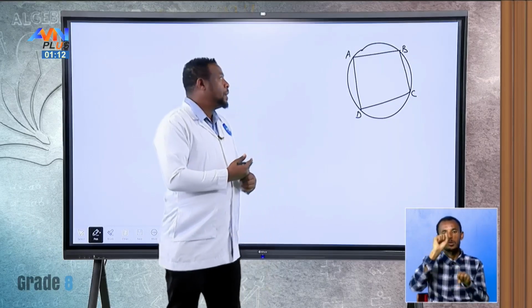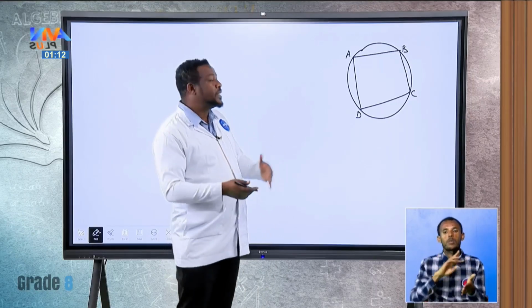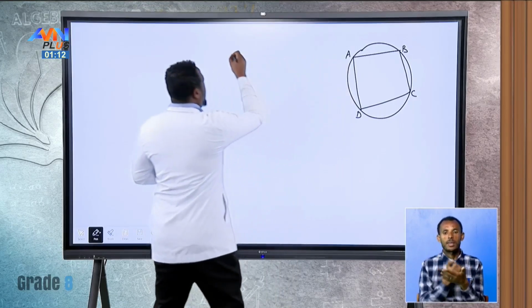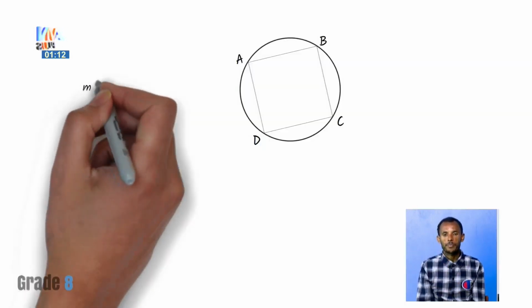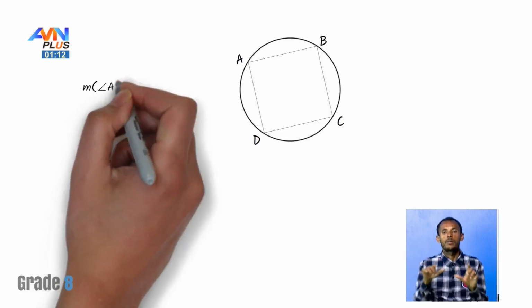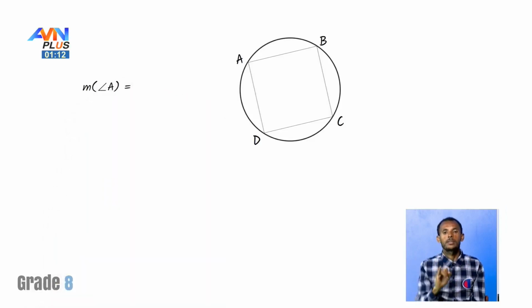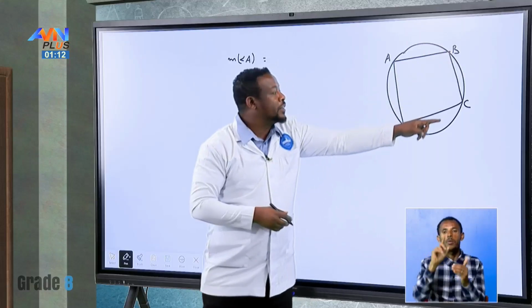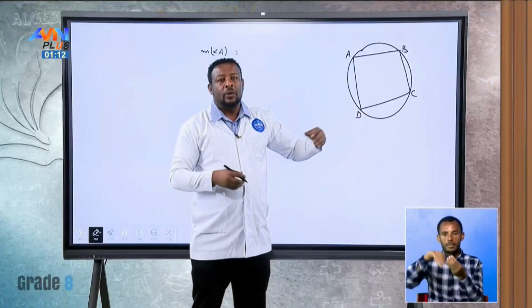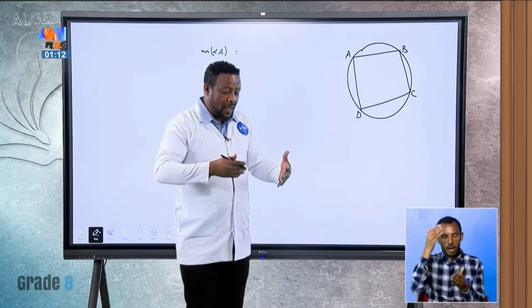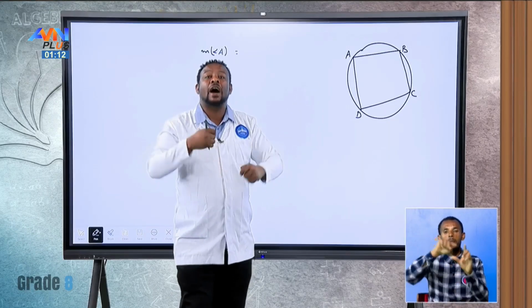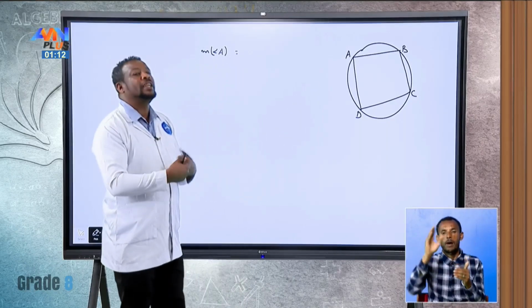So the procedure that we use to prove this is we take angle A. The measure of angle A is, as you all know, half of the arc subtending it, right? You all know that the inscribed angle is half of the measure of the arc subtending it.